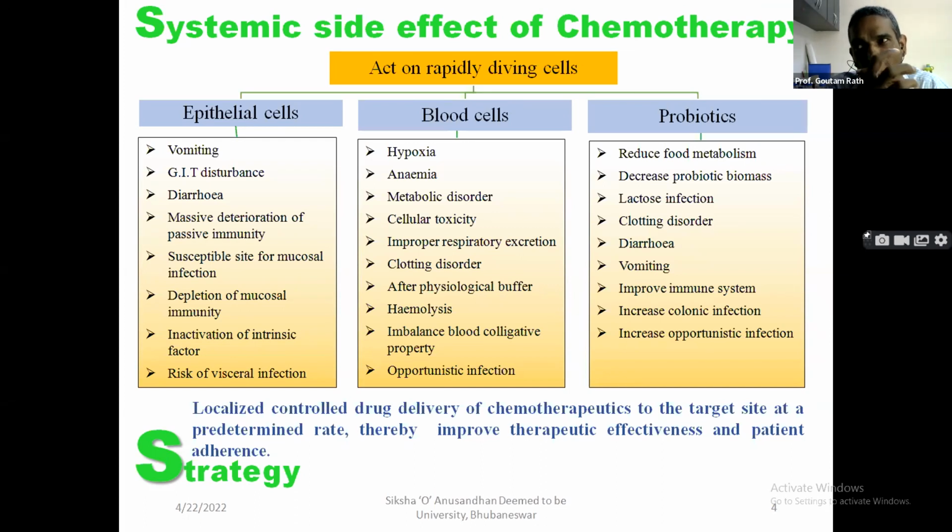How can we target, or how can we design an approach that ensures maximum drug concentration near the cancer?